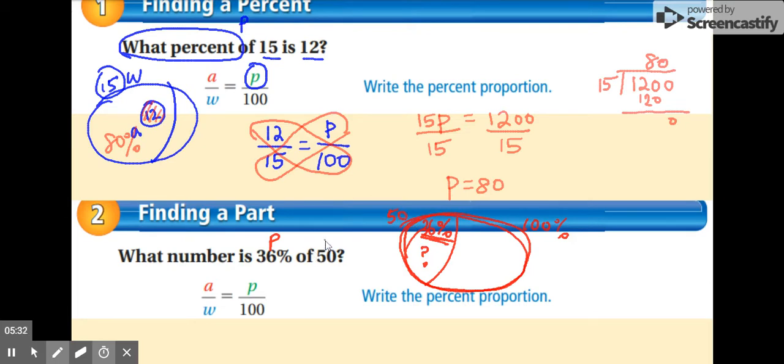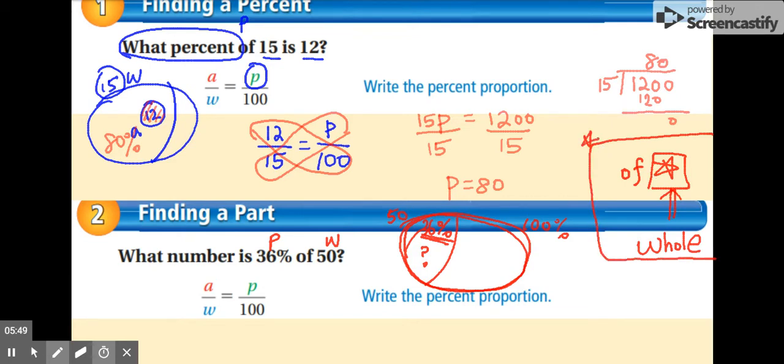So the 50, everyone knows that 50 should be the whole unit. The number after of, this is the whole. So I need you to copy it down somewhere and then put a little box, of star, the number after the star should be the whole unit, not part, okay?